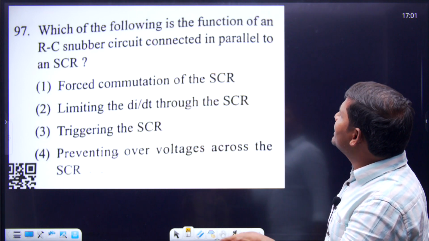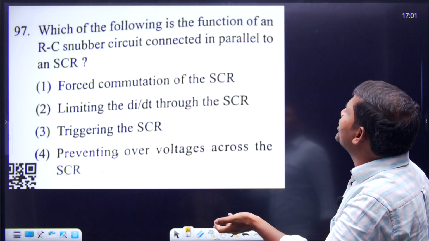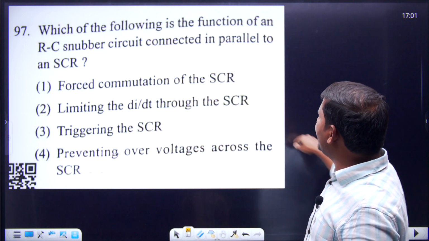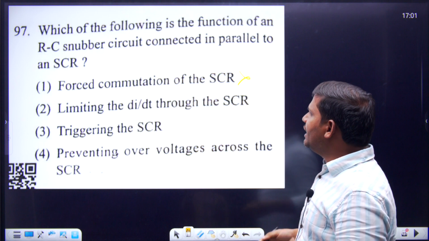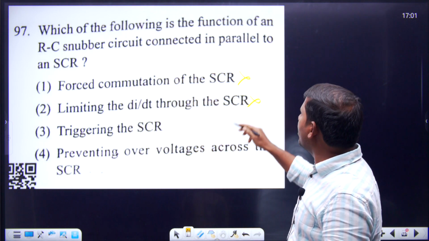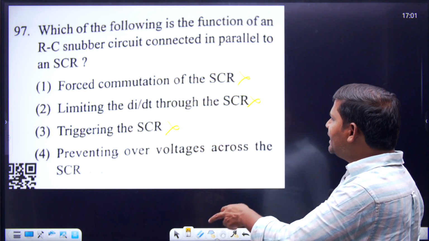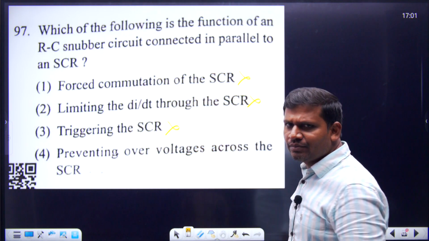Which of the following is the function of an RC snubber circuit connected in parallel to an SCR? Forced commutation, it is wrong. Limiting the di by dt, it's wrong. Triggering the SCR is also wrong. Preventing over voltage across the SCR, yes.